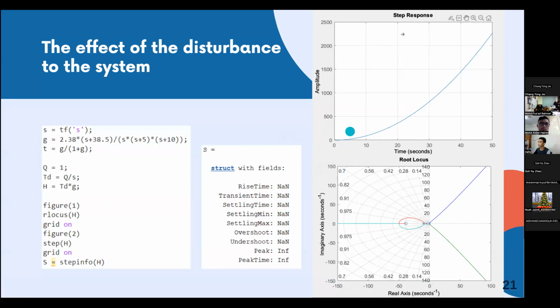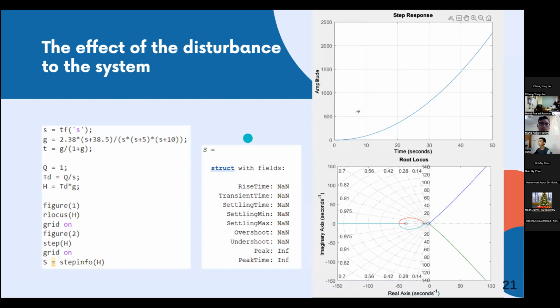And this is the step response, which is exponentially increasing. This is because the disturbance is 1 over s, and when we add 1 over s into the system, the output will be increased by 1, and this is the root locus for the system.